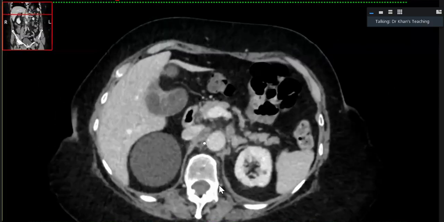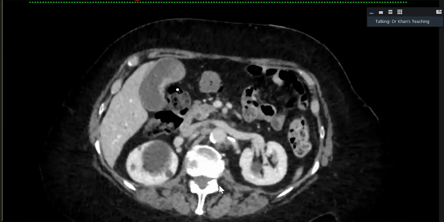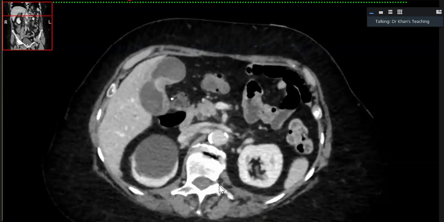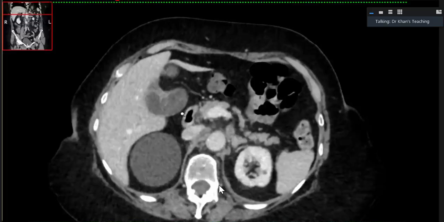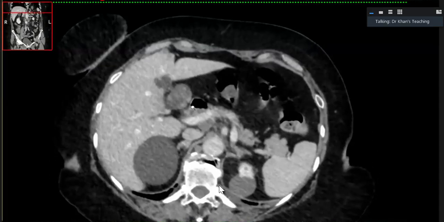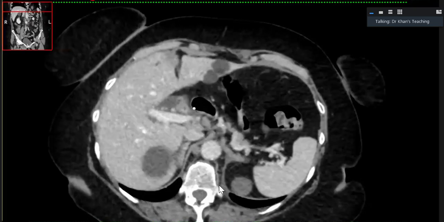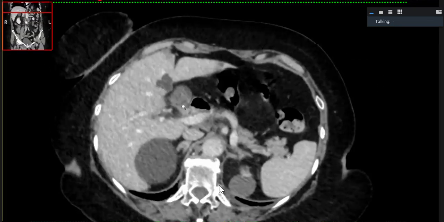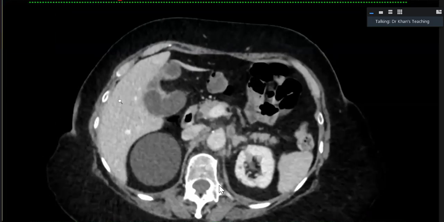As far as the gallbladder is concerned, it has a thick wall, and if you look carefully, there might be some calculi. These were large calculi, which is difficult to confirm here, but we can ask for another study, an MRCP or ultrasound, to confirm that.